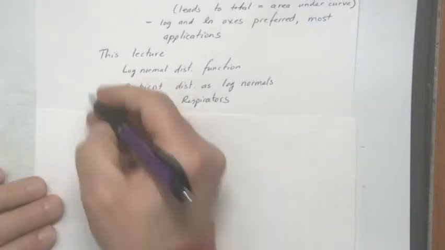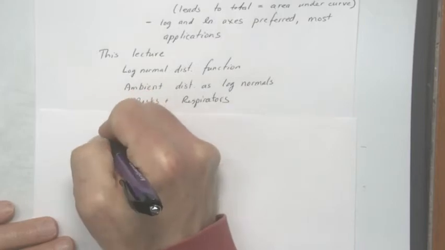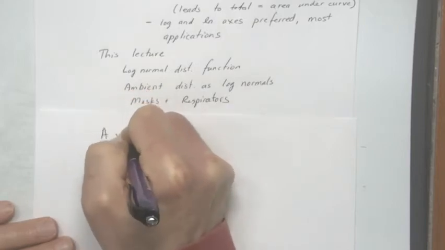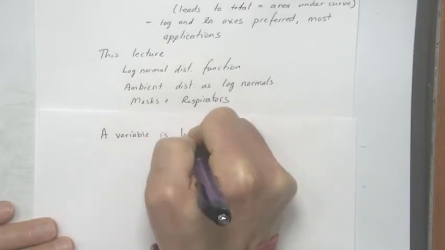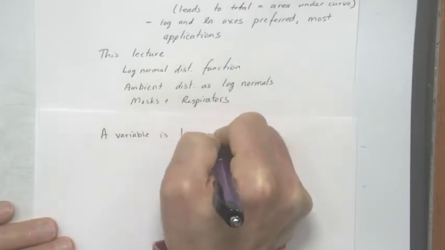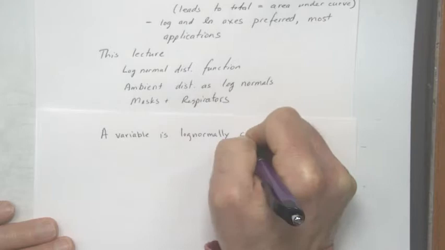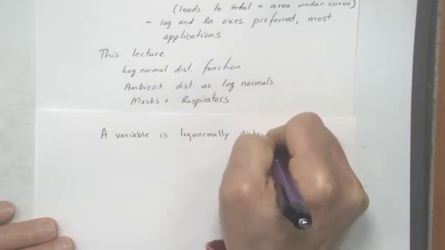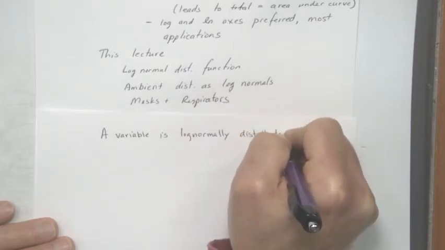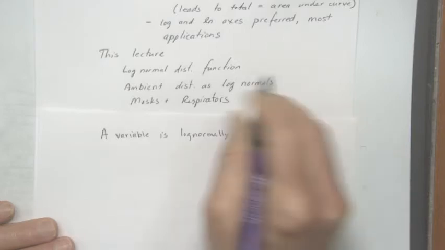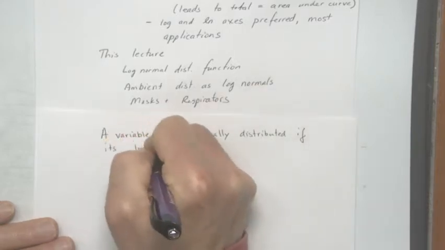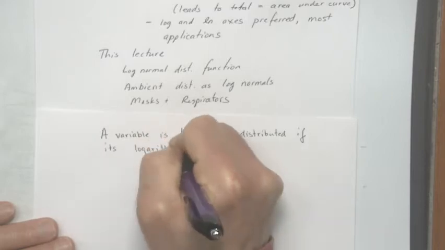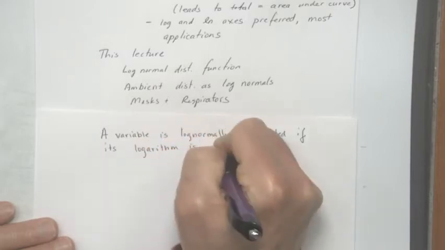And so this comes from sort of Gaussian curves, and we say a variable is log normally distributed if its logarithm is normally distributed.